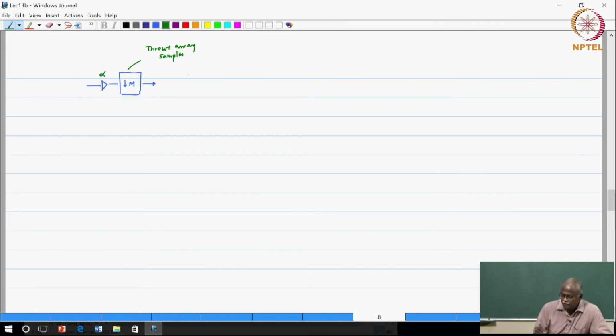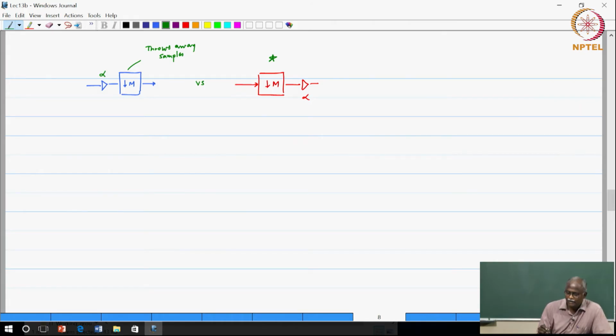The more efficient implementation would use the property of linearity and do the downsampling followed by the multiplier alpha. This would be the preferred approach, so I will put a star on it, meaning it is the preferred approach of the two.